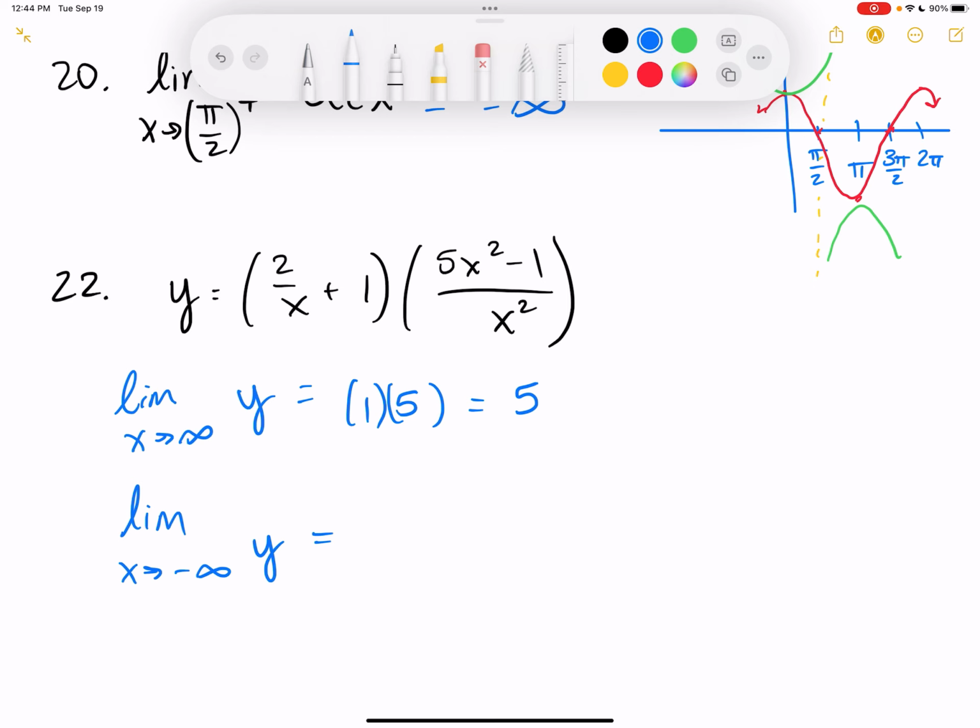So adding 1, that's still going to be roughly 1. And 5x squared over x squared, because again, we can ignore the minus 1, the x squareds cancel and leave you with 5. So in this case, they happen to both be the same.